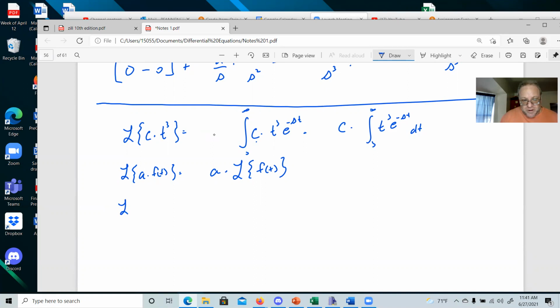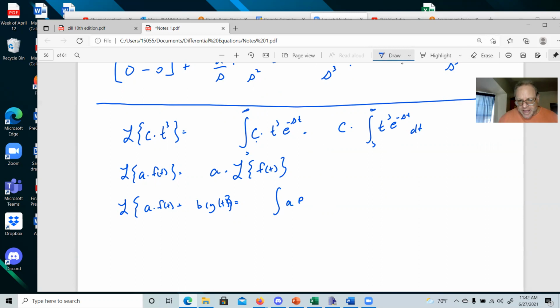If I take the Laplace transform of a times f of t plus b times g of t, what's that going to look like? Well, let's keep all the steps in the right order here.